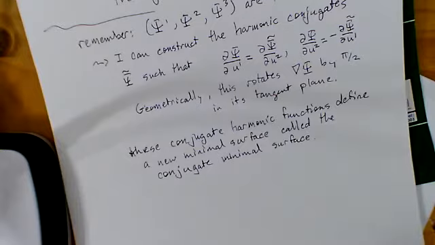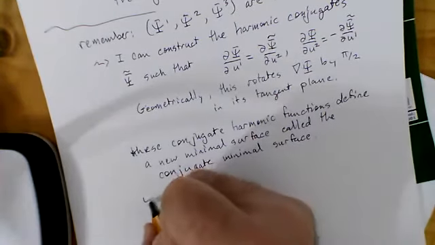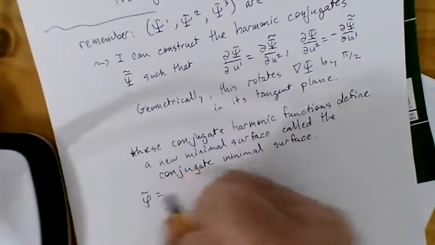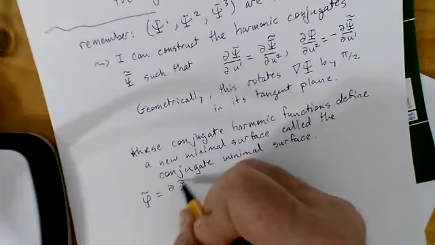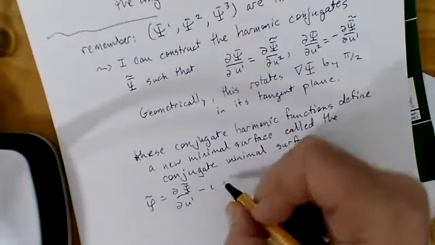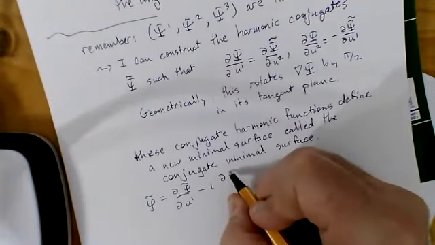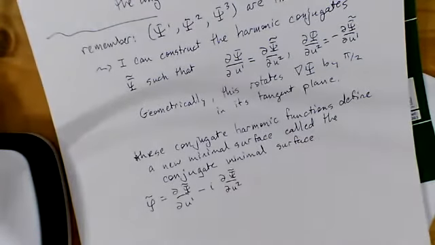Okay, let's unravel what this tells you a little bit. We can write down phi tilde is, of course, d psi tilde du1 minus I d psi tilde du2.